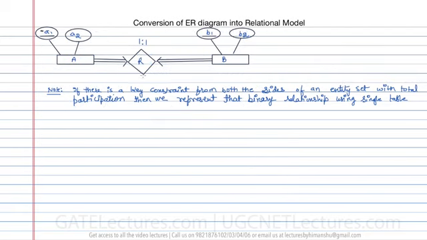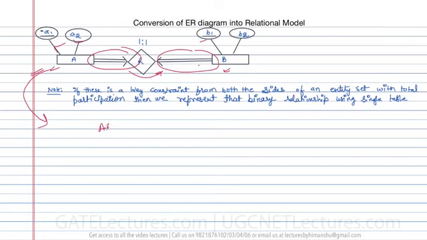You can see it is saying if you have a relationship like this, which is having total participation on both sides, that is the minimum cardinality on both sides is 1, then either you can create a table for this and a table for this, but that is going to waste a lot of time for you. But if you have total participation on both sides, in such examples you can combine all the attributes and create one single table.